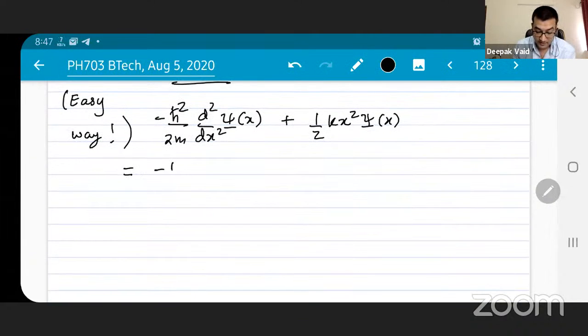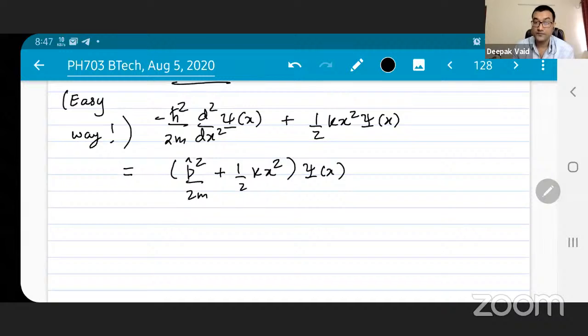Let me write this as minus h bar squared by 2m d squared by dx squared, or, well, this is p hat squared by 2m plus 1/2 k x squared acting on psi of x.